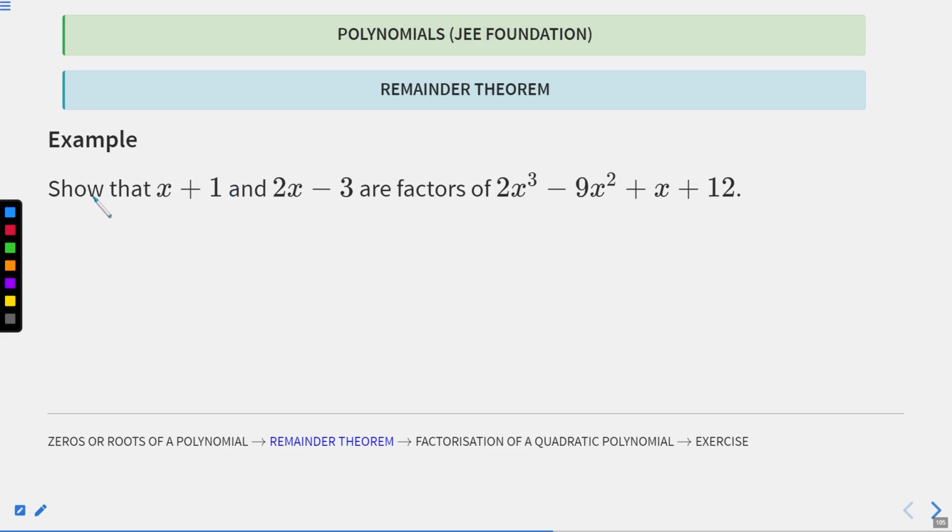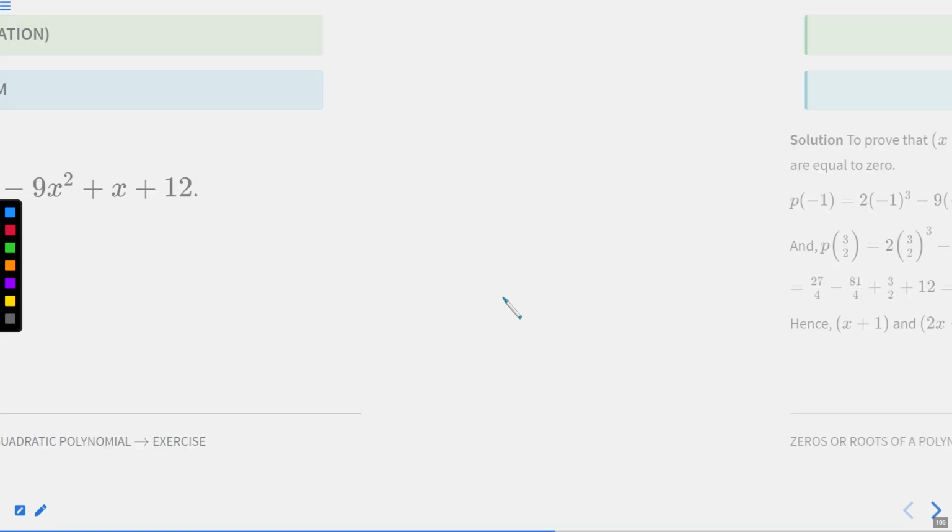So show that x plus 1 and 2x minus 3 are factors of this polynomial. If both of the polynomials are factors, then that means putting x equal to minus 1, I will get this equal to 0, and putting x equal to 3 by 2, I will get the same value equal to 0. So let's see whether I am getting that or not.